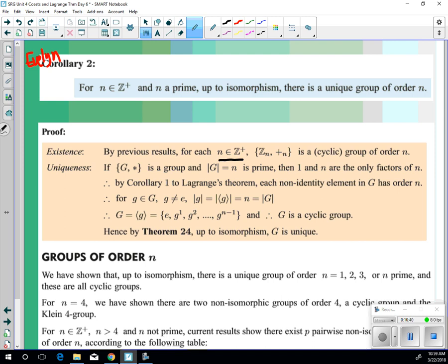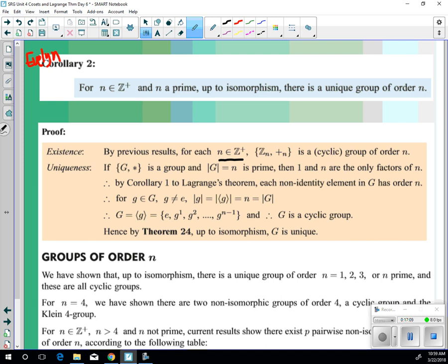Then if G is a group and the order of G is prime, then 1 and n, the order of G, are the only factors of n. So by the first corollary, each non-identity element has order n as well.